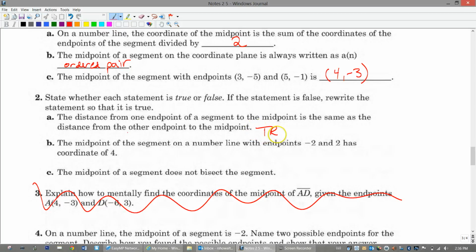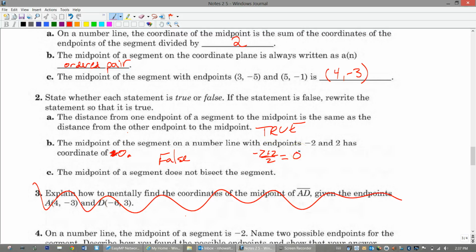True? That one's true. The midpoint of the segment on a number line with endpoints negative 2 and 2 has coordinate of 0. It's false. Coordinate 0 because you add them up and divide by 2, 0 over 2 is 0.